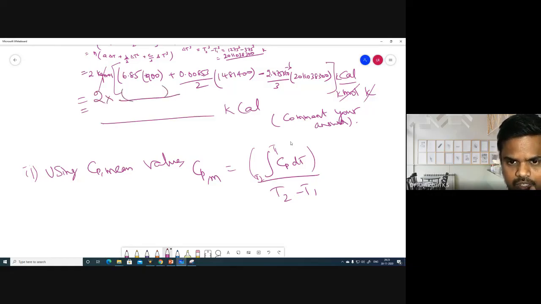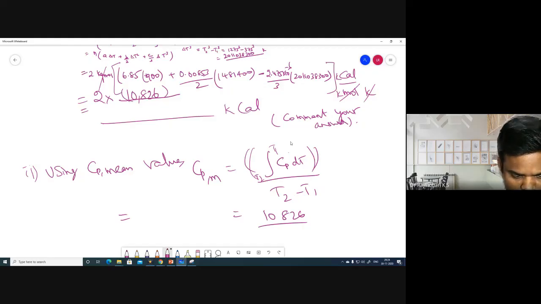Whatever value you are getting here can be the numerator. So we will get 2 into 10,826. So CP mean equal to 10,826 divided by T2 minus T1.